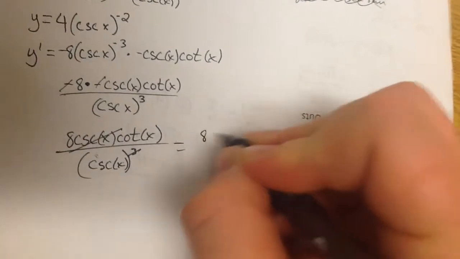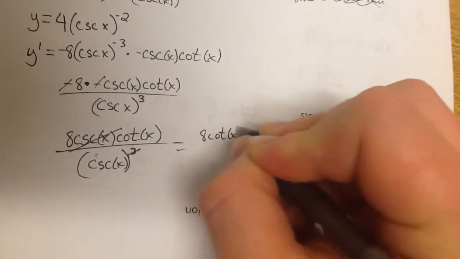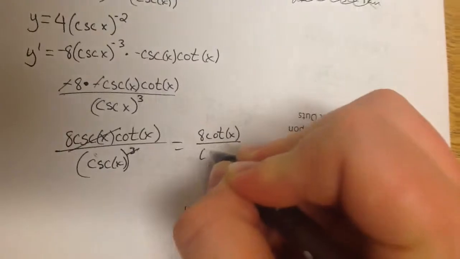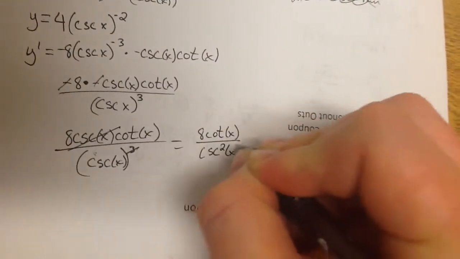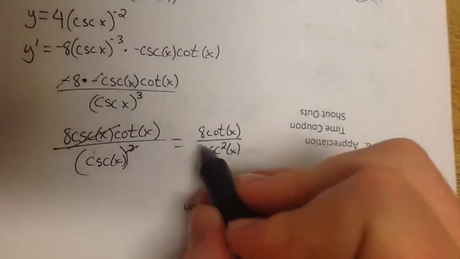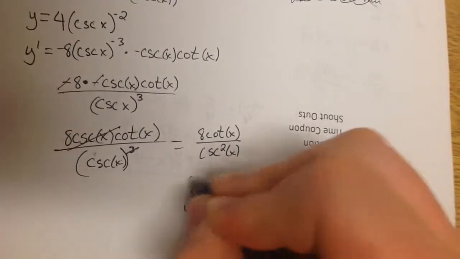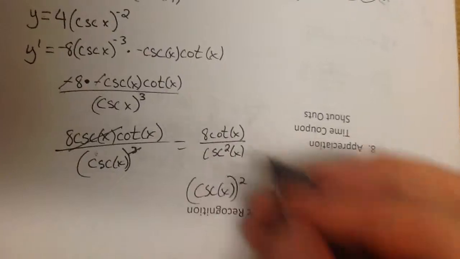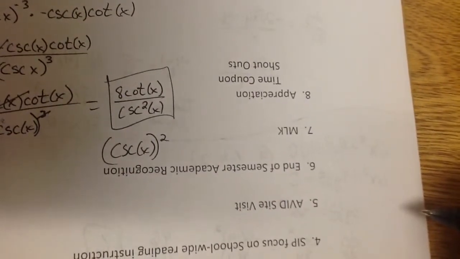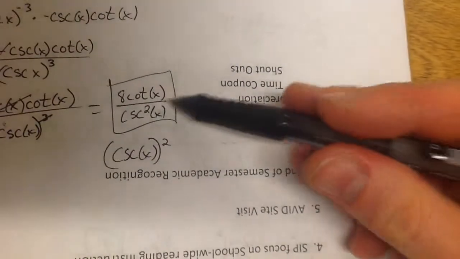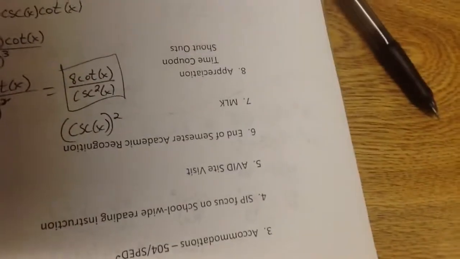So your final is 8 times the cotangent of x over cosecant squared of x. And you can write it like that, or you can leave it in your answer as cosecant of x squared. Those are the same thing. It does not matter. And we might be able to mess with that a little more, but at this point I'm happy with that. Don't even care.